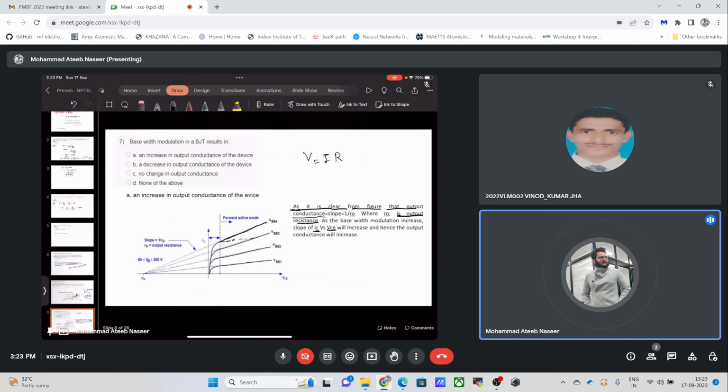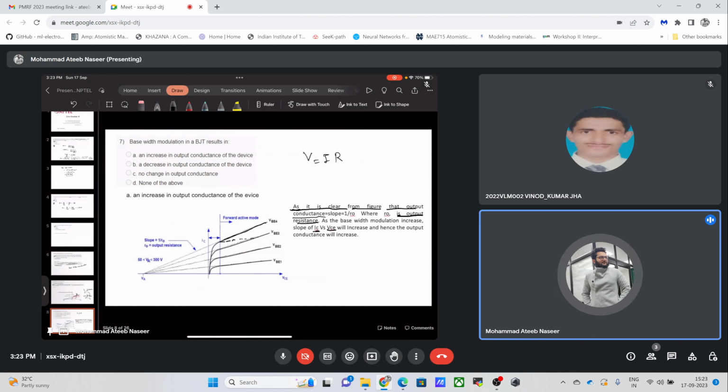So base width modulation results in the increase in the slope of IC versus VCE, collector to emitter voltage, and as a result the conductance will increase, or the resistance, which is the opposite of the conductance, will decrease.